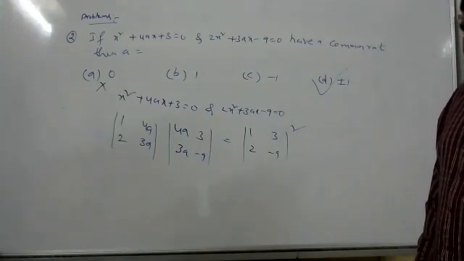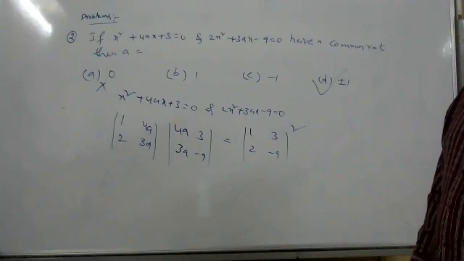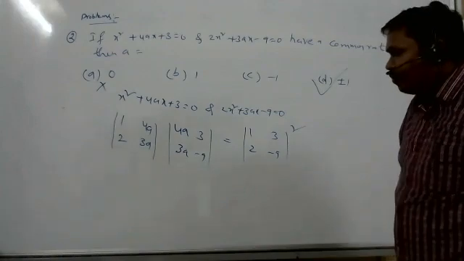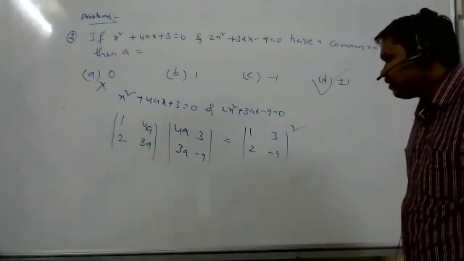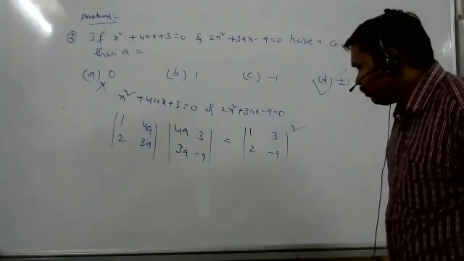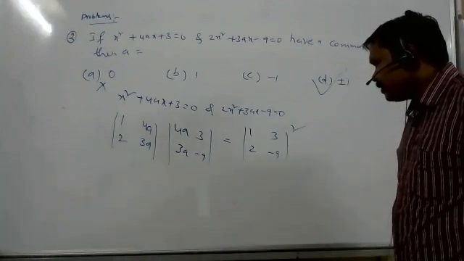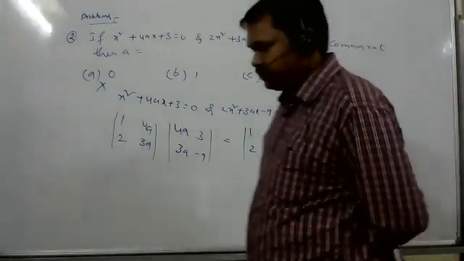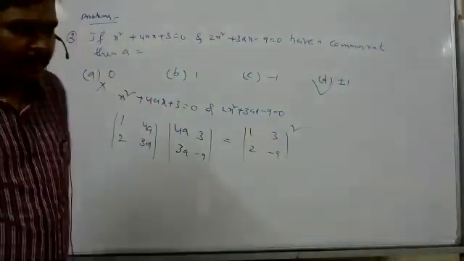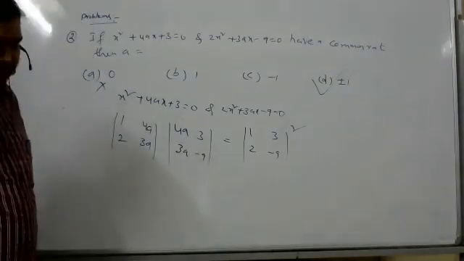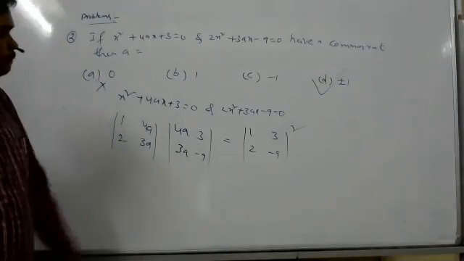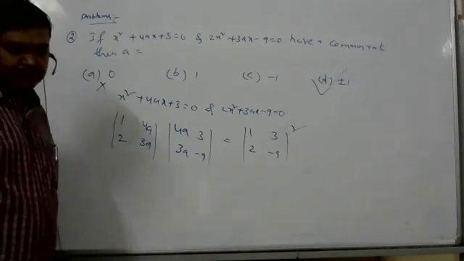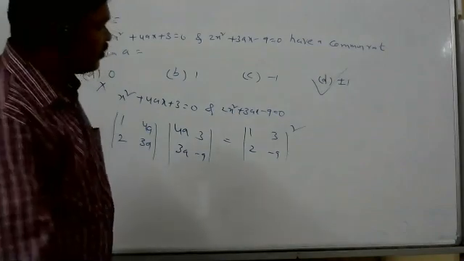Three a minus 8a and minus 36a minus 9a is equal to minus 9 minus 6 whole square, minus 15 whole square. Then find a. A is equal to plus or minus 1.